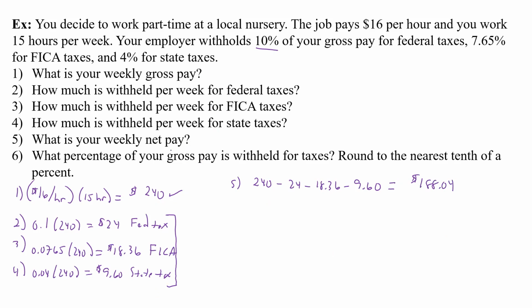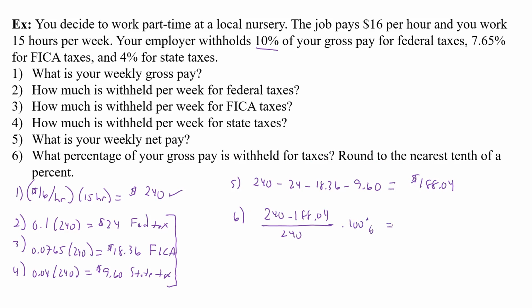Now, last one, what percentage of your gross pay is withheld for taxes? Round to the nearest tenth of a percent. This goes back to an equation we had before. What's the difference between what we initially made and what we're taking home? That's going to be 240 minus 188.04, divided by the initial, which is 240, multiplied by 100%.